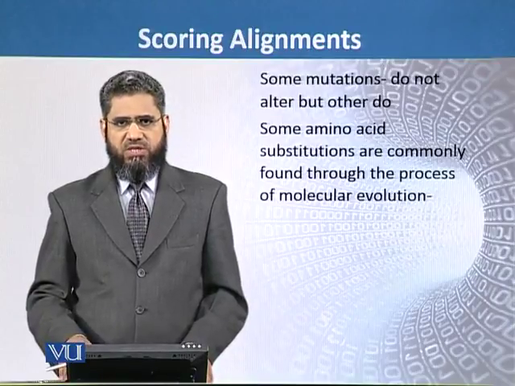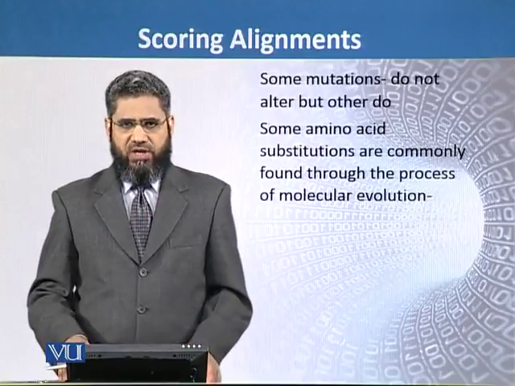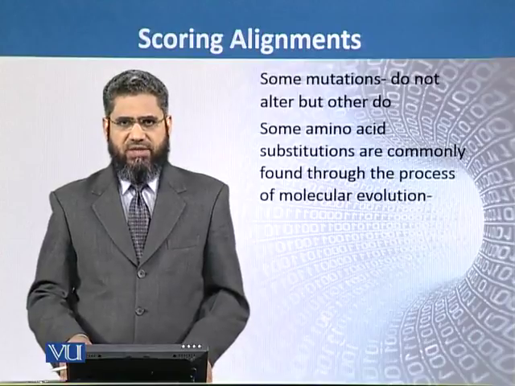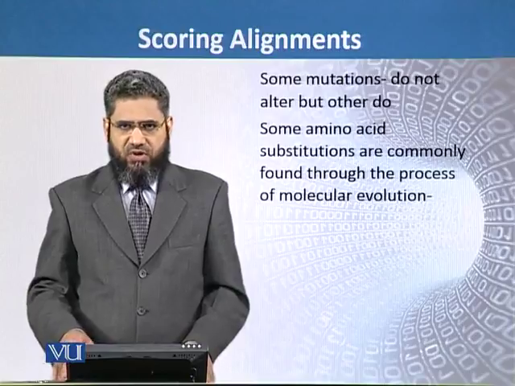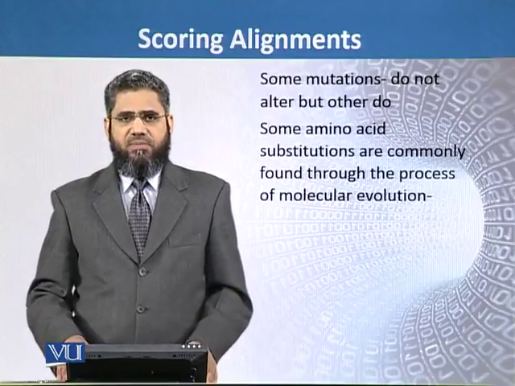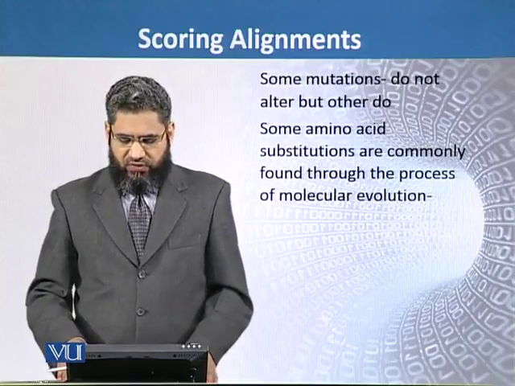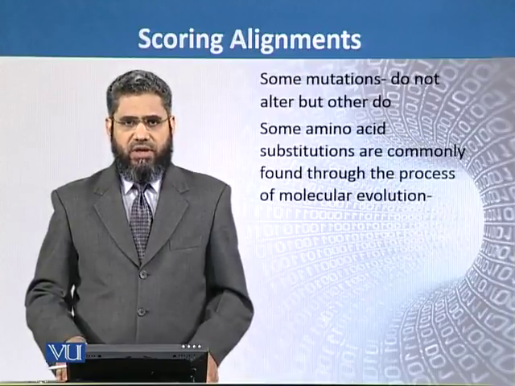When the mutations are lethal, they totally inactivate the proteins. But on the other hand, if the mutations are not very lethal, then the proteins perform their functions very well. We have seen that some amino acids are substituted very commonly throughout the process of molecular evolution.